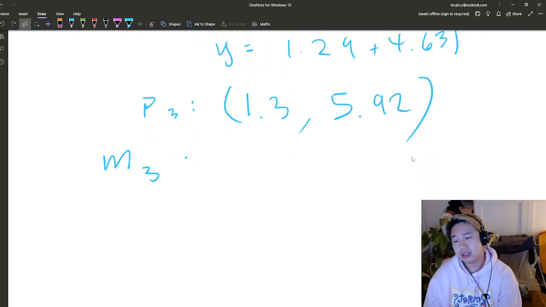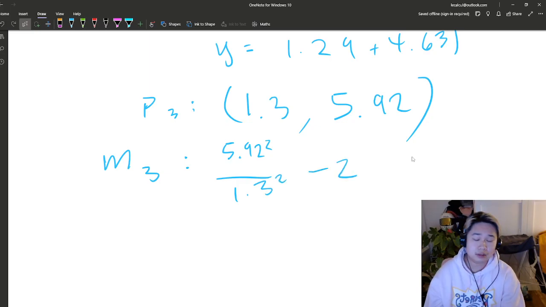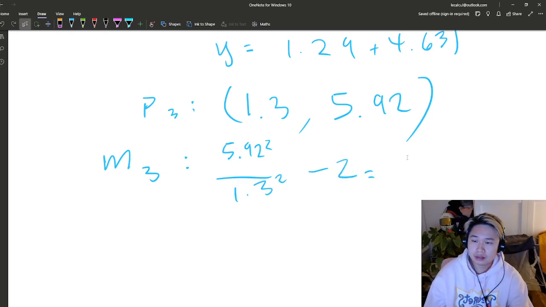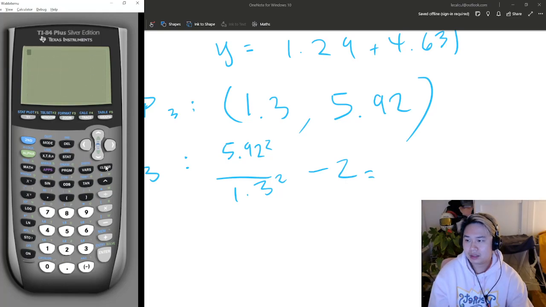So the slope of tangent line 3 is 5.92 squared divided by 1.3 squared minus 2. This is stupid. How many marks is this?